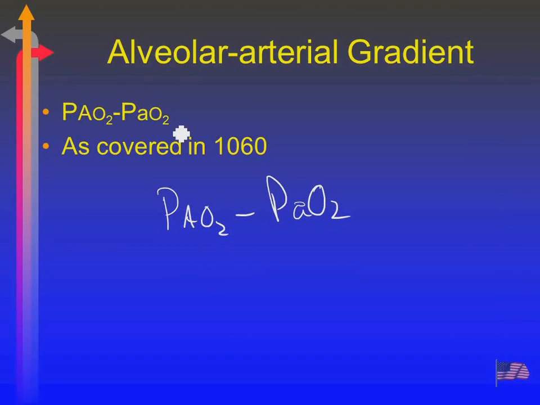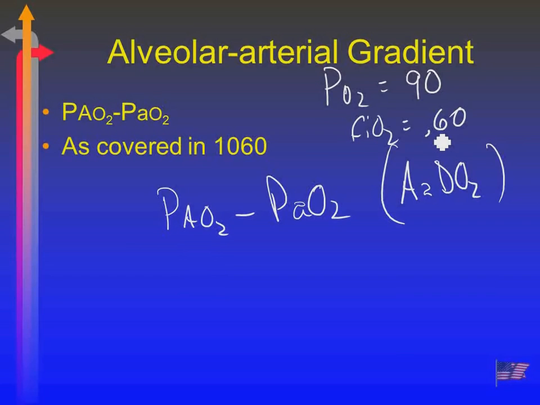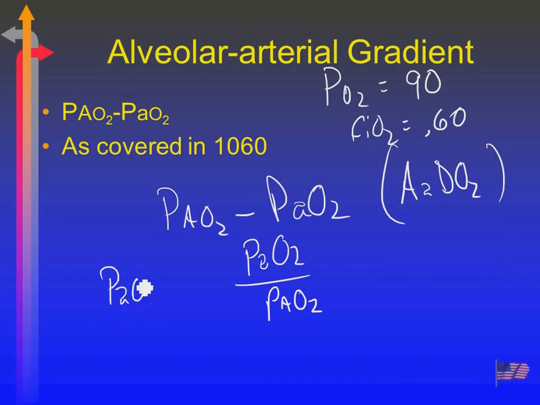When we were talking in 1050, we talked about the different ways that we can evaluate how well somebody's oxygenating. If I told you that the PO2 was 90, you would say, that's great. But if I told you the FiO2 was 60% to get to that 90, that's not so good. So we can look at the A-a ratio, and we can look at the PF ratio.